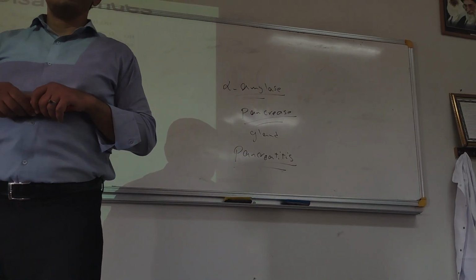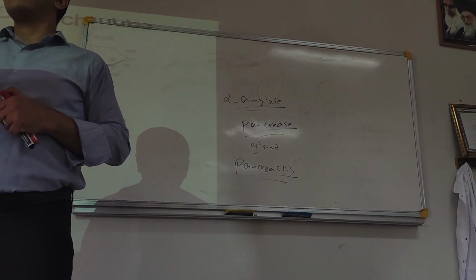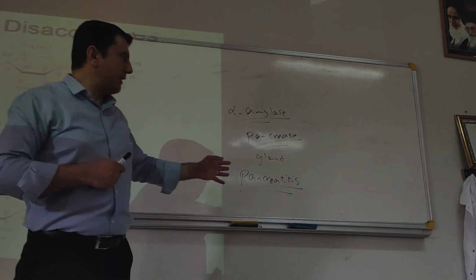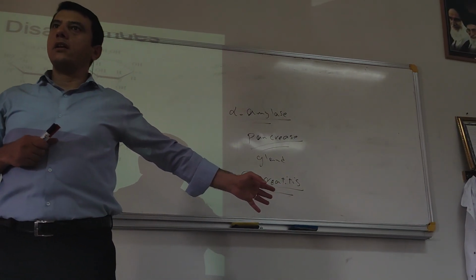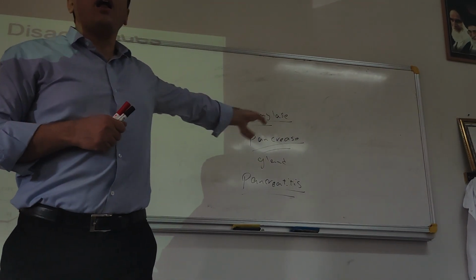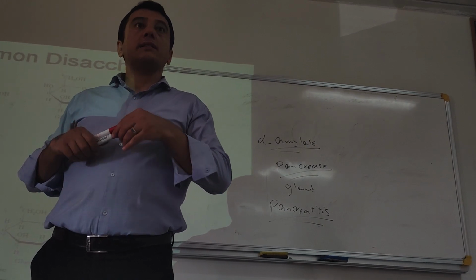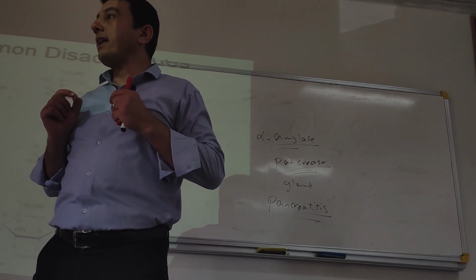You can find if your patient has pancreatitis by measuring alpha amylase in his or her blood.